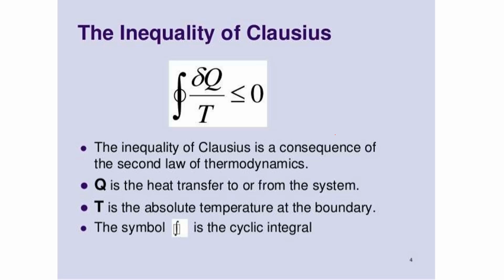This inequality is a consequence of the second law of thermodynamics, where Q is the heat transfer to or from the system and T is the absolute temperature at the boundary. And the integral sign with a circle around the center of it is a cyclic integral.